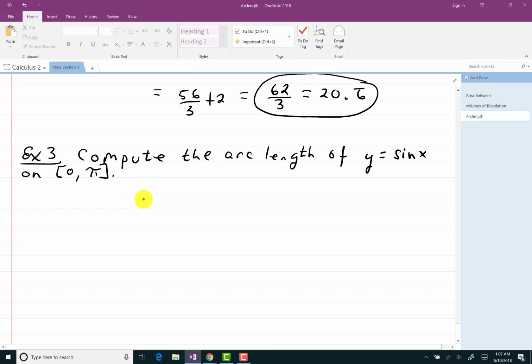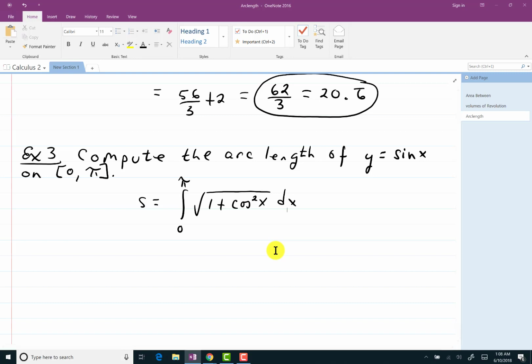Well, easy enough. We have the integral from 0 to pi, the square root of 1 plus the derivative of sine, which is cosine, so you're going to get cosine squared of x dx. Now, unfortunately, we do not have the means to do something like this by hand. And usually in the context of the problem, if I expect you to do it by hand, I will let you know that. Or if you can get a decimal approximation, let me show you how that's done.